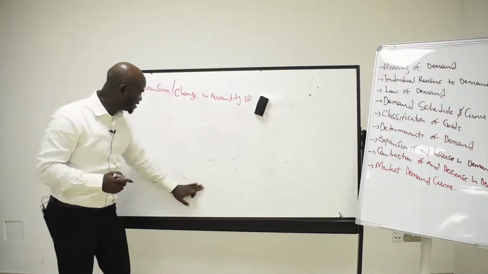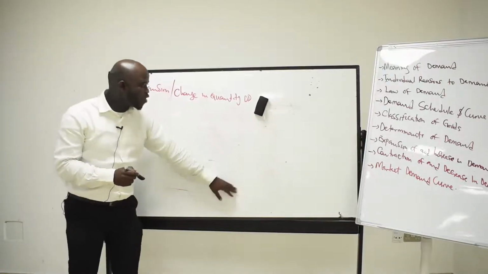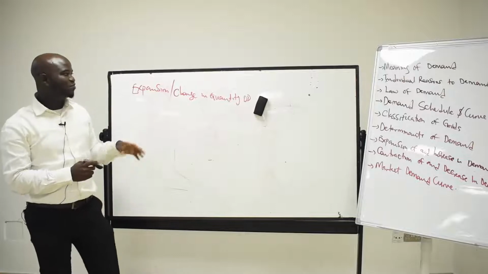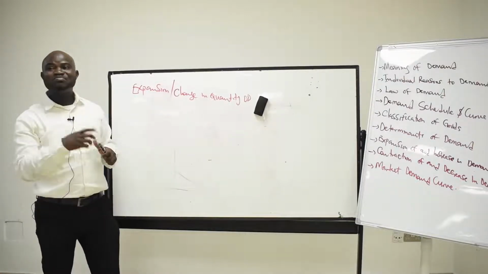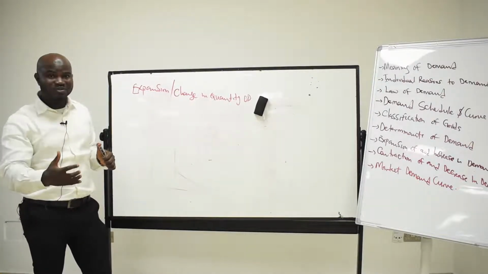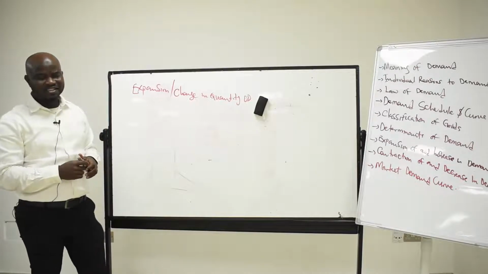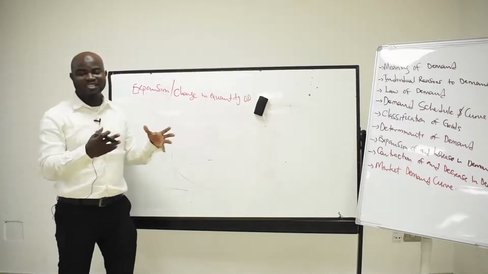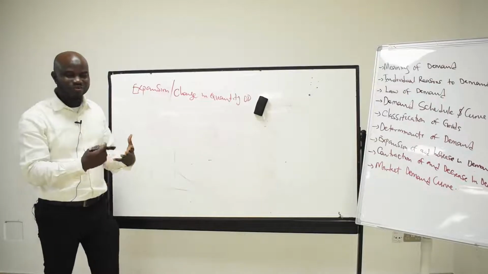The change in quantity demanded is that more of a product will be purchased when the price of such a product is less. That more of a product is purchased when the price of that product is less.